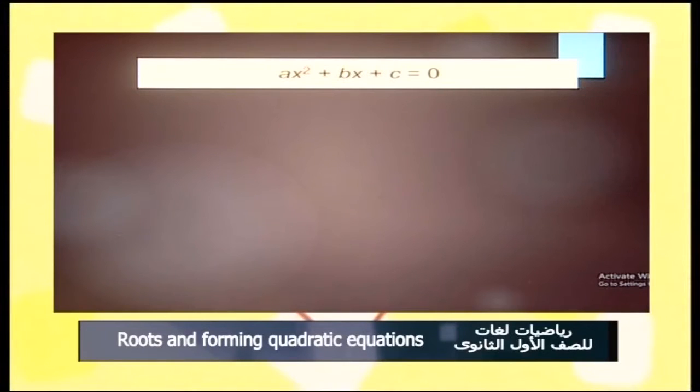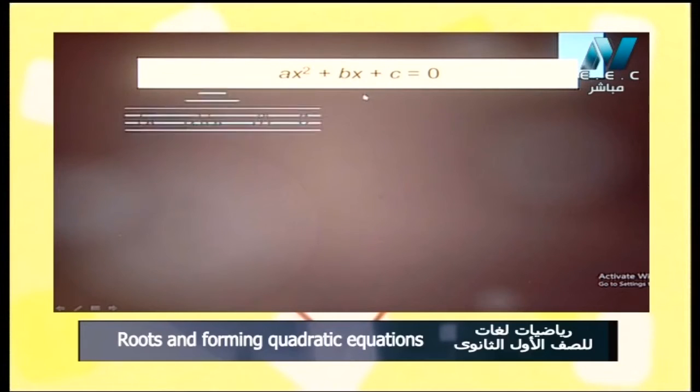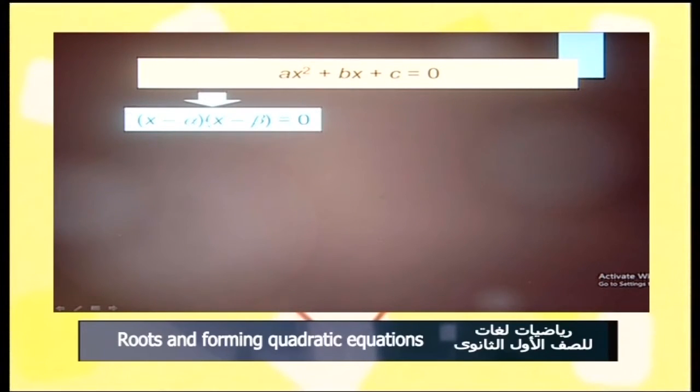Okay, we have here ax power 2 plus bx plus c equals 0, which is the general form of the quadratic equation. The coefficient of x power 2 is a, the coefficient of x is b, and the absolute term is c. And we know that x minus alpha multiplied by x minus beta, where alpha and beta are the two roots, is the equation.